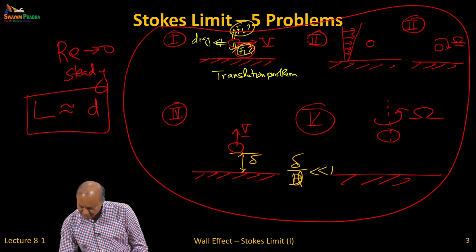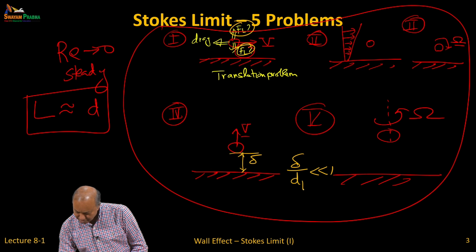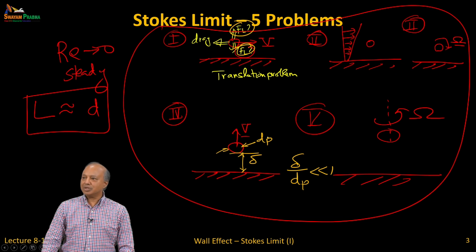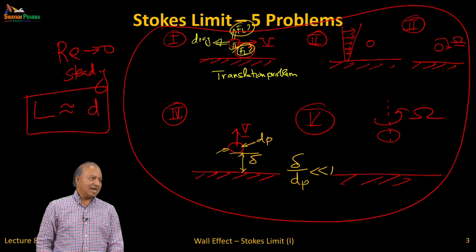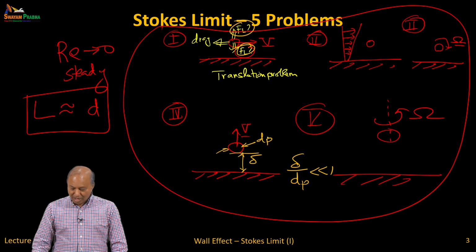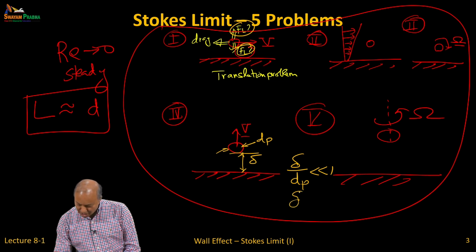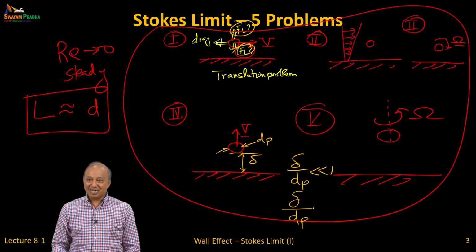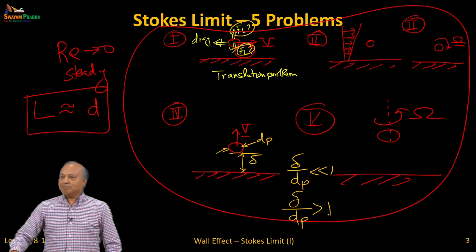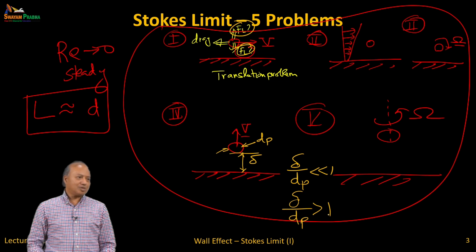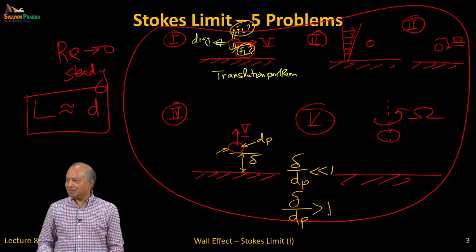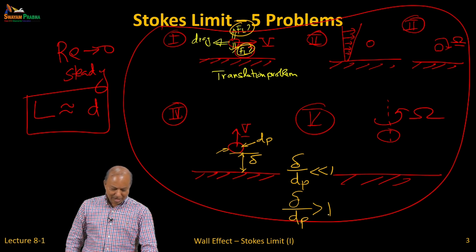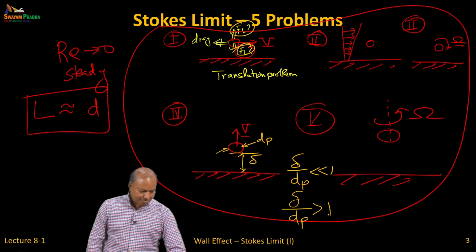They use what is called lubrication theory, and they find a very nice exact answer. When delta over dP is large, not very large but greater than 1, there is the method of reflections. These are all Stokes flow, but Stokes flow with a wall is not that easy, but people compute it. I have all the expressions, and I don't want to spend the time to give all the relations.